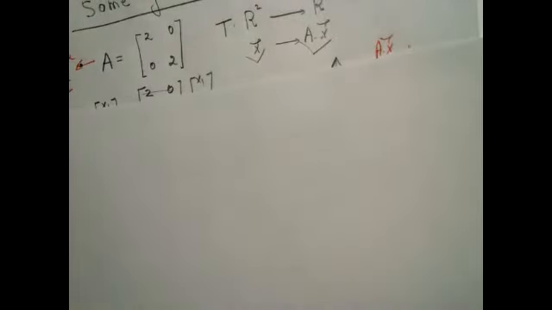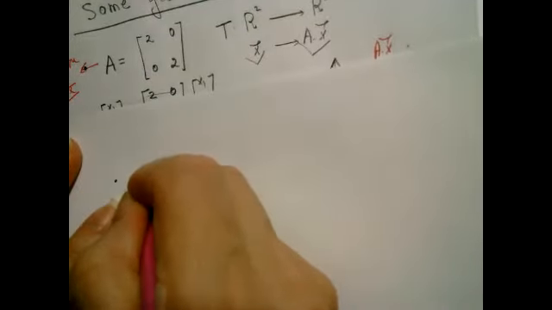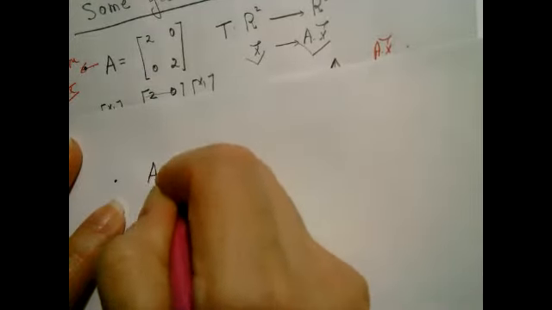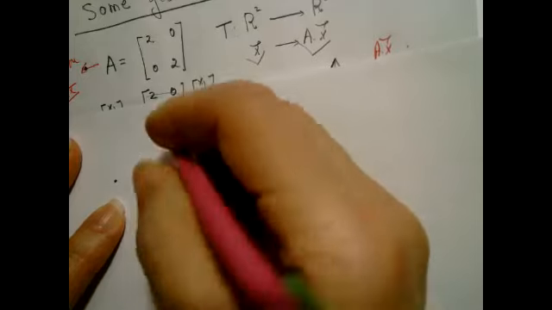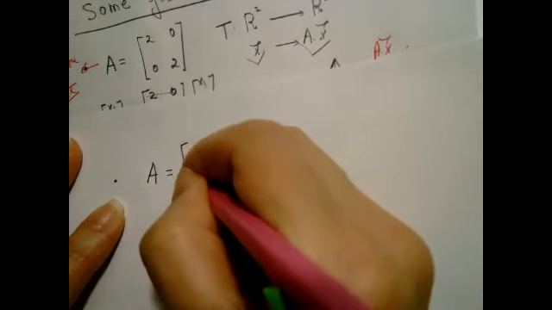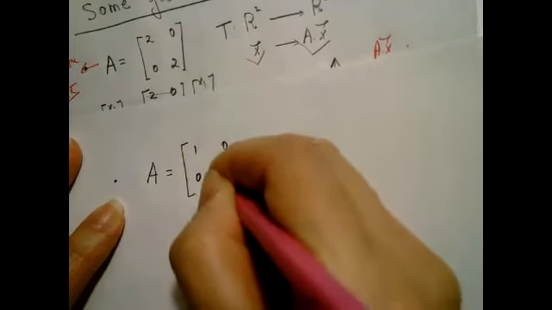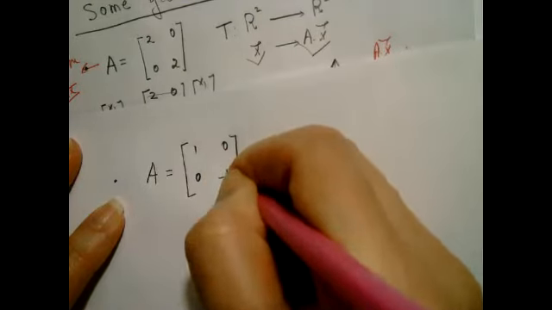So I'm going to take the following matrix A. Example number 2, my matrix A is the following: 1, 0, and 0, minus 1.